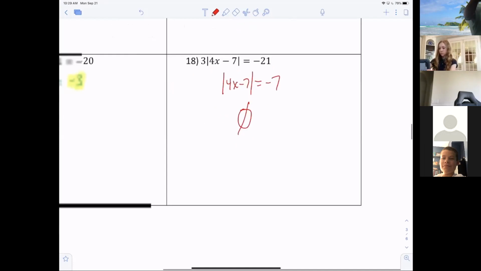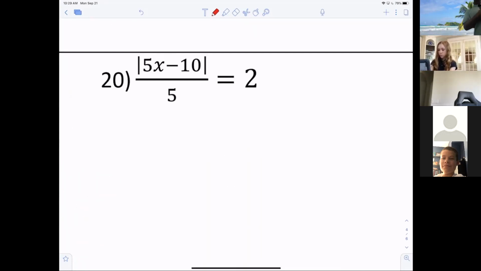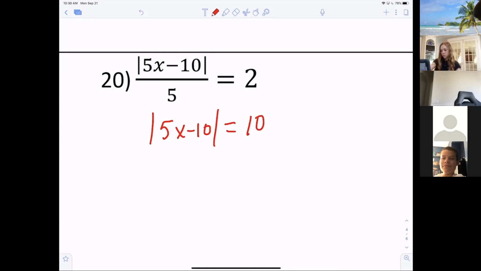All right, Weber, you're up. 20. What do I have to do first on 20? That's right. Multiply by 5. Thank you. Now what? Then you add 10. Not yet. You have to write the two equations now.